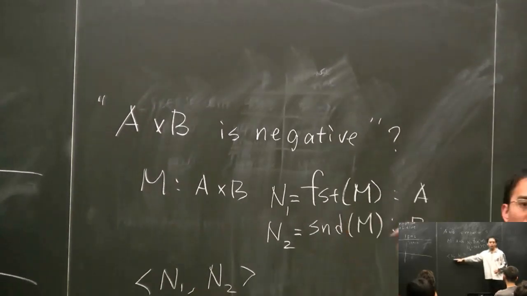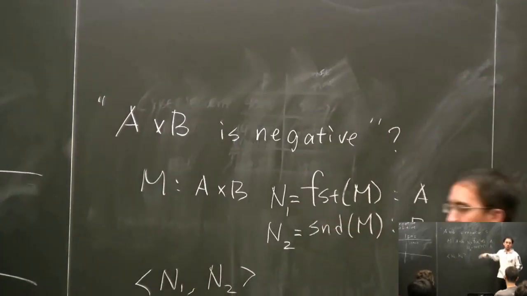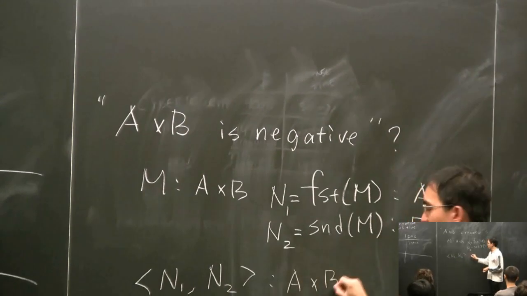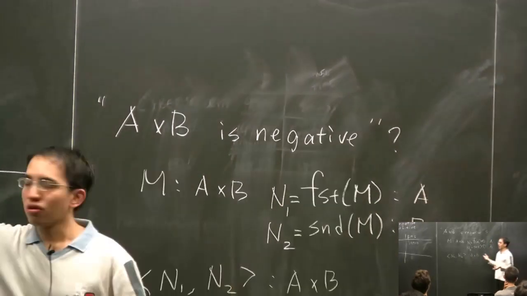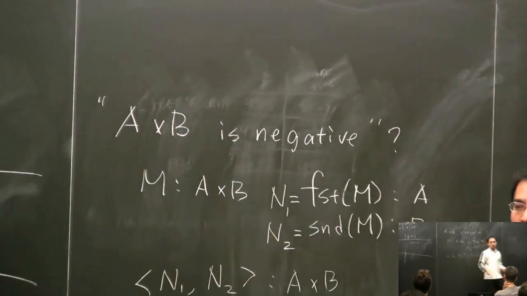So this is kind of forced. If you feel that I have to give two projections, then by harmony I need to give this form, and it will be in type A times B. I hope that this gives you a feeling that we start with projections, then we come up with tuples.